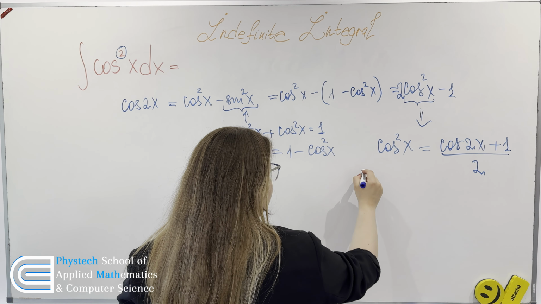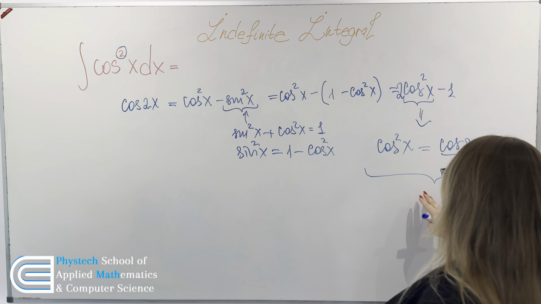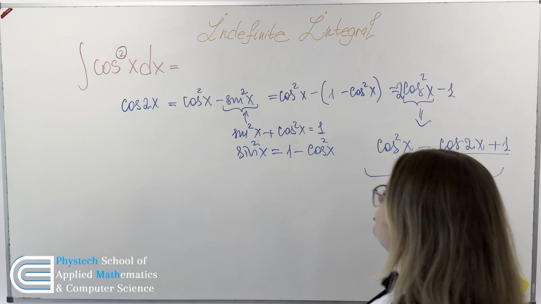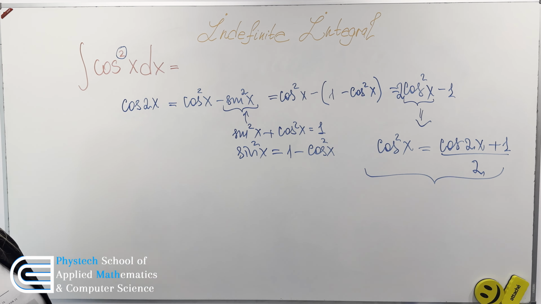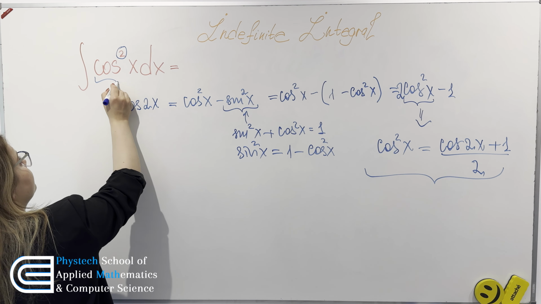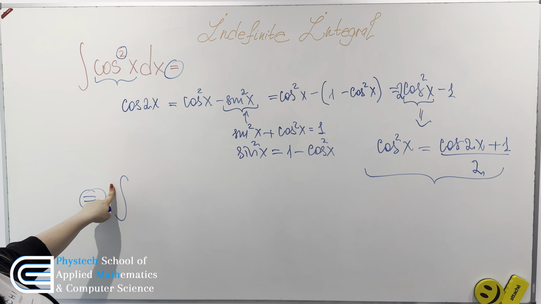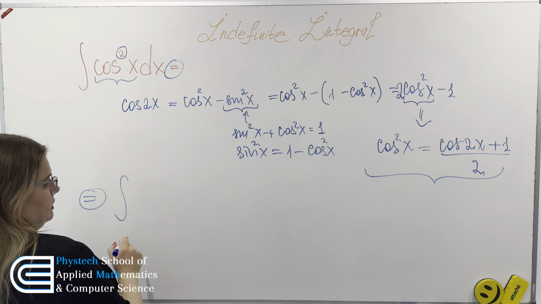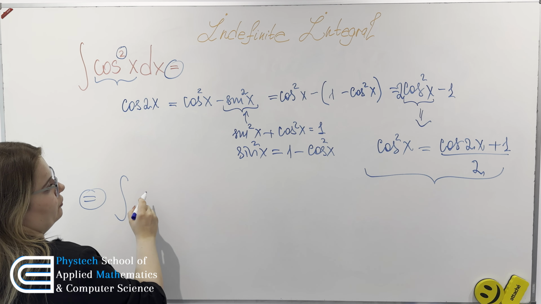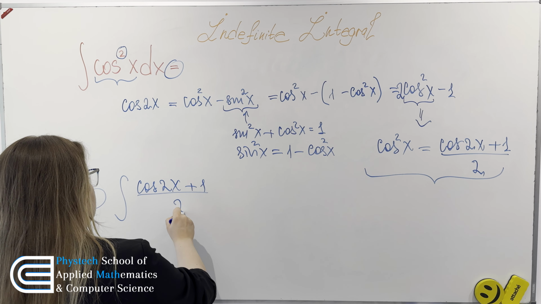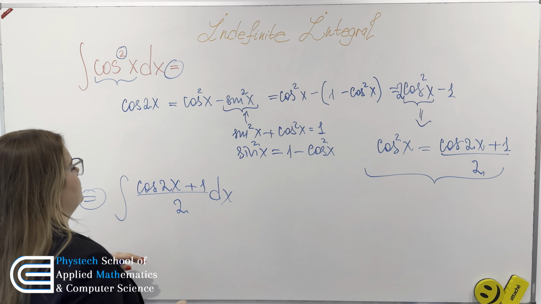So this is the final equation, and we can put it here. So our integral will be equal to the integral of cosine of 2x plus 1 divided by 2 dx.